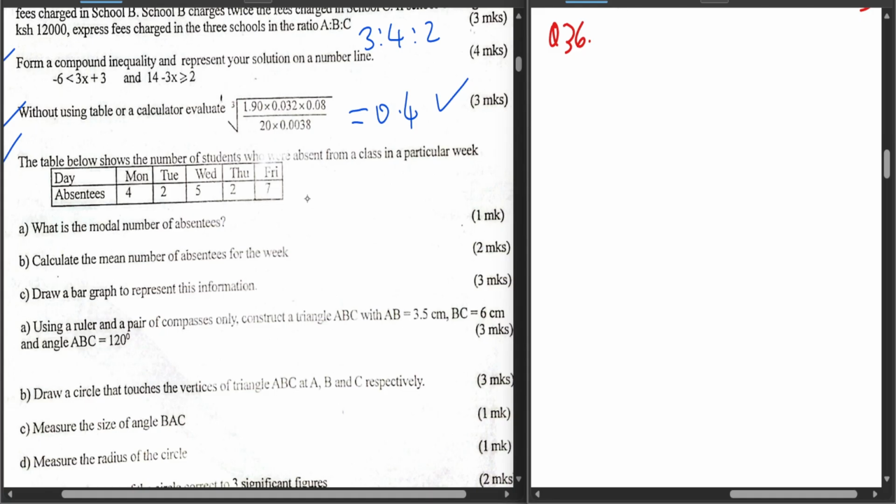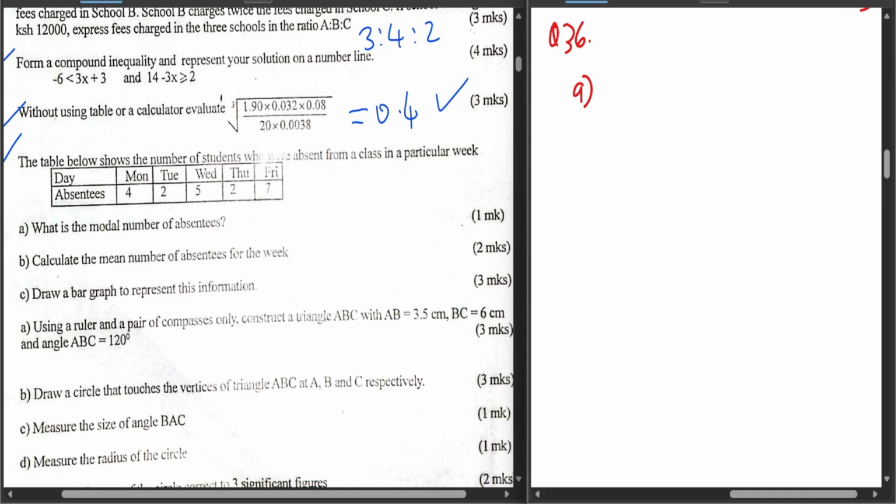And absentees are 4, 2, 5, 2, 7. Question A asks what the modal number of absentees is. Question B, calculate the mean number of absentees for the week. And question C, draw a bar graph to represent this information.